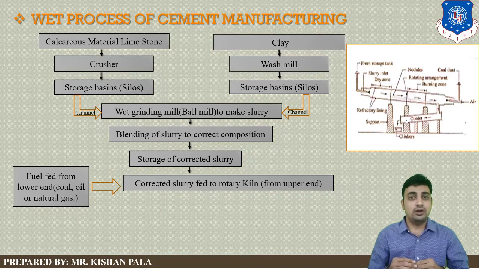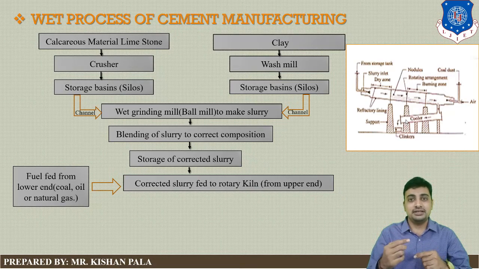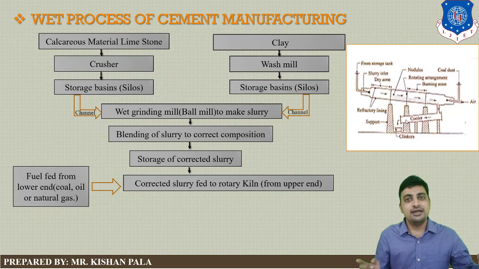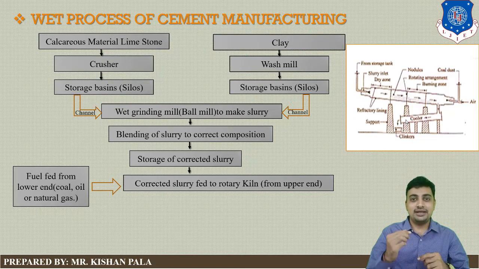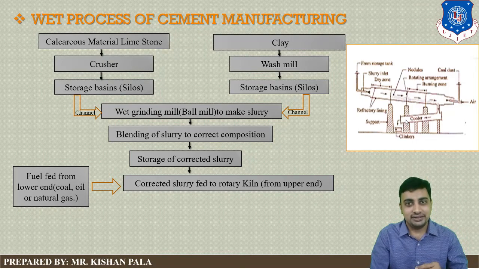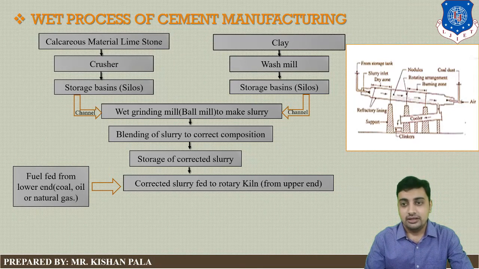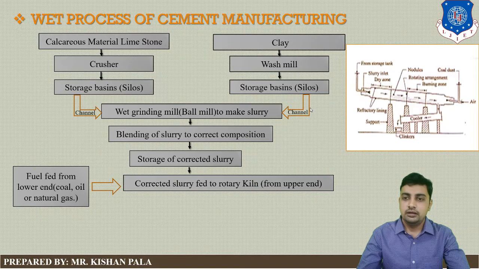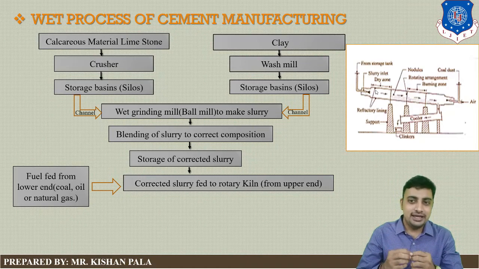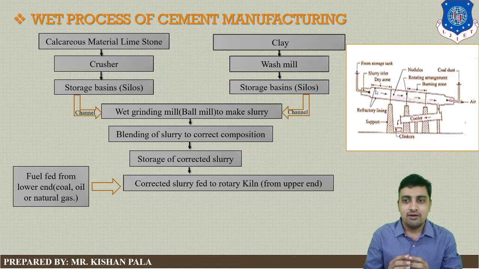If we talk about the rotary kiln, the diameter of the rotary kiln is 3 to 8 meters and the length is 30 to 200 meters, and it rotates once in a minute. And you can see here in the photo, the corrected slurry is fed into the upper end of the rotary kiln and passes through the dry zone, and then the carbon dioxide is removed and nodules are formed.